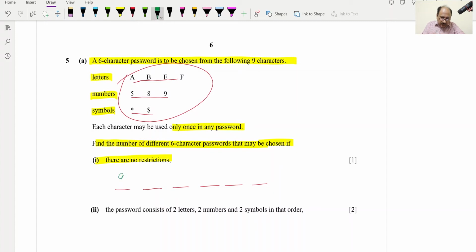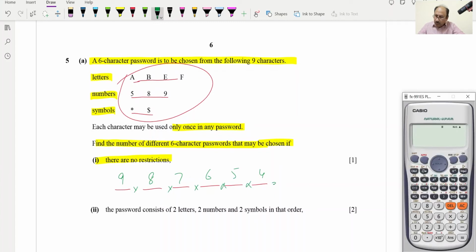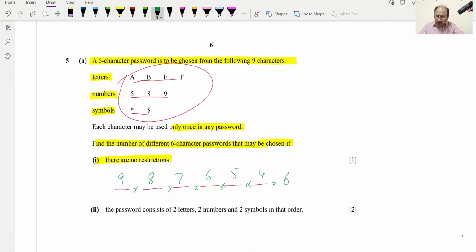For the first position it will be 9, for the second position the remaining will be 8, then 7, 6, 5, 4, and we multiply them to get the options. 9 into 8 into 7 into 6 into 5 into 4 is equal to 60480. This will be the answer, and this is the 1 mark part.